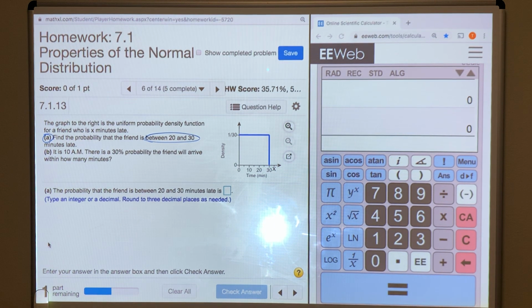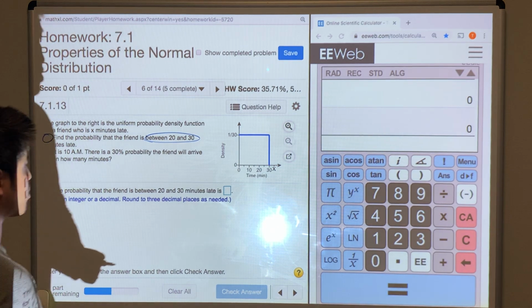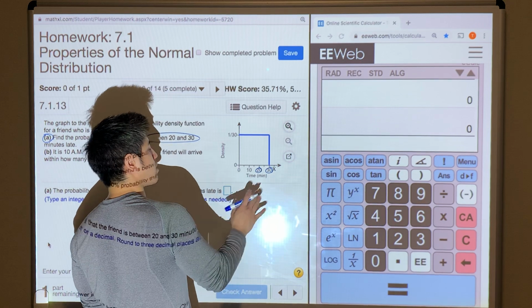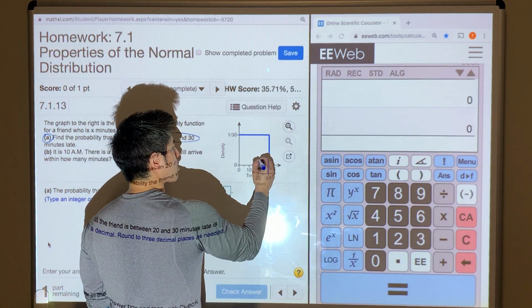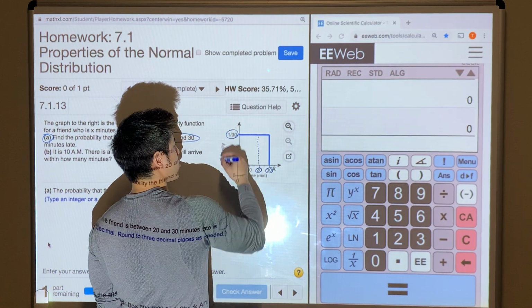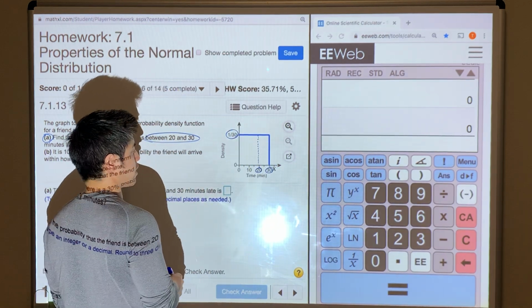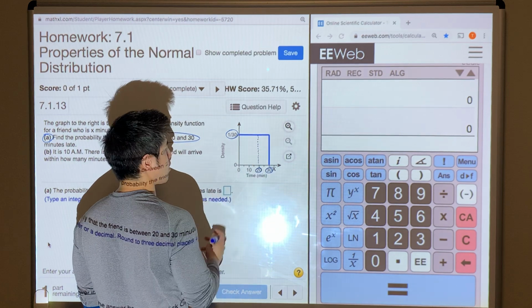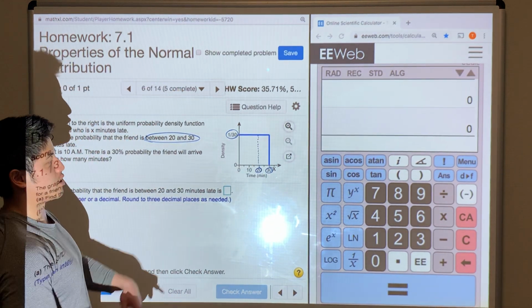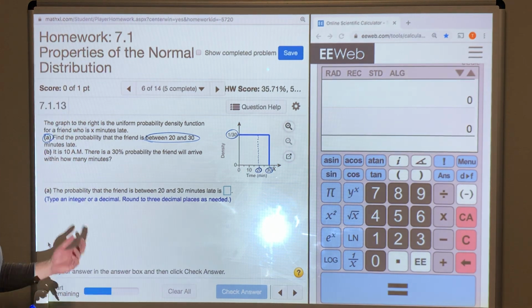Well, that means that you need to do something with 20 and 30. Here's 20, here's 30. The way you're going to solve this problem is you need to come up to 20 and note that the probability for 20 is 1/30. It just so happens that 30 is, in fact, all of them. From time 0 to time 30, it just so happens that our probability is 1/30.